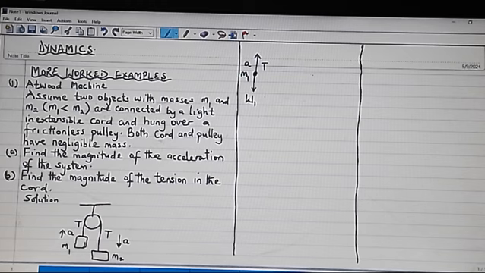Then for the second mass, we have W2, which is M2 times G. This is M1 times G. And of course, the tension is also along the string, but the acceleration is acting downwards, and this one is acting upward. So we have been able to represent this with a free body diagram.